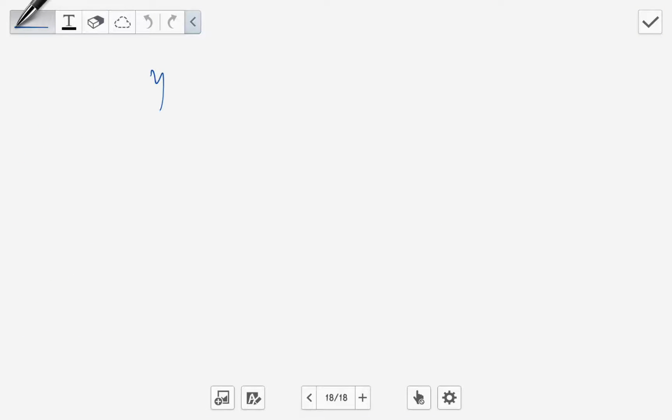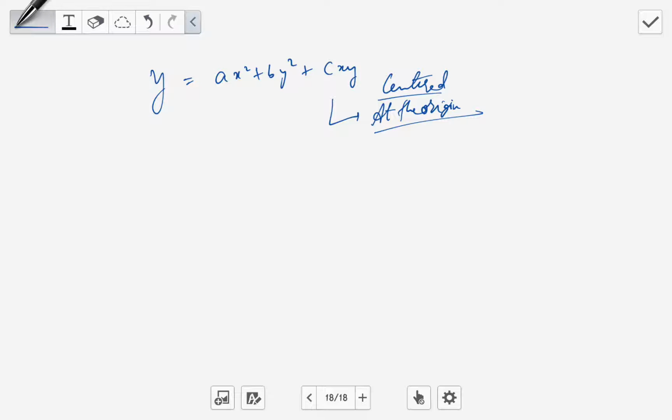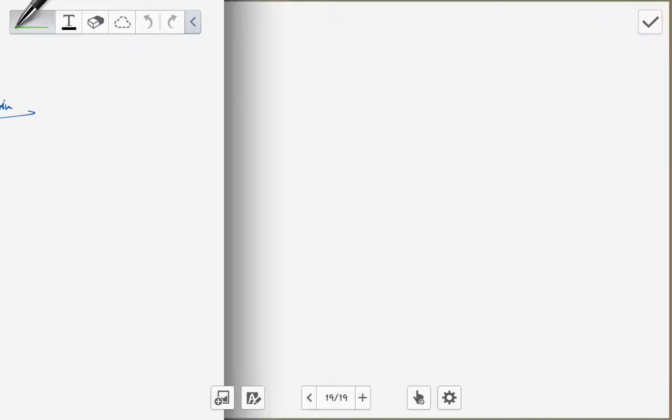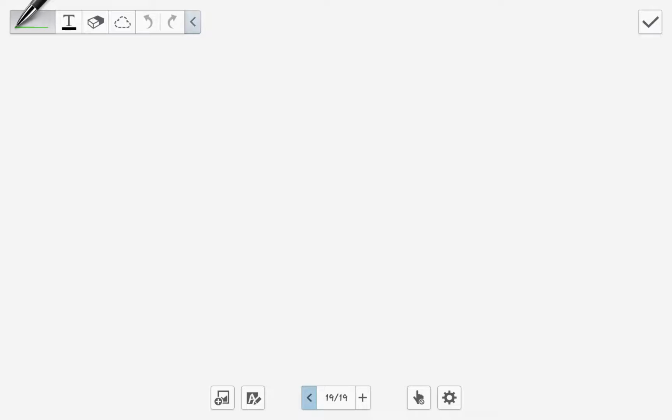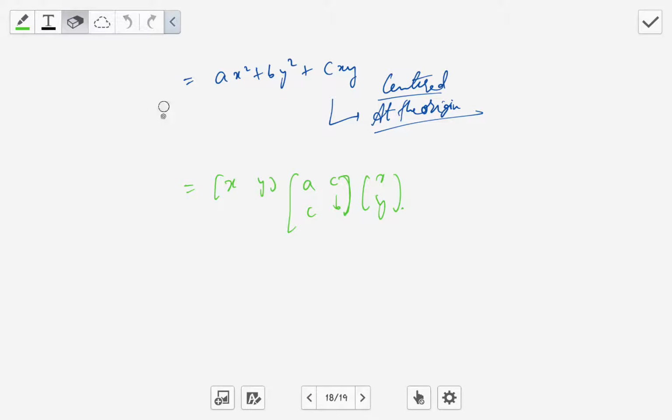Now our basic quadratic, a homogeneous quadratic, is centered at the origin. This is equivalently written as [x y] times [a c; c b] times [x y]. Now let us in specific take, okay, this is z, because I am using y here.